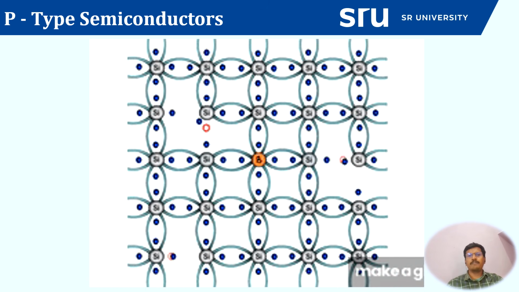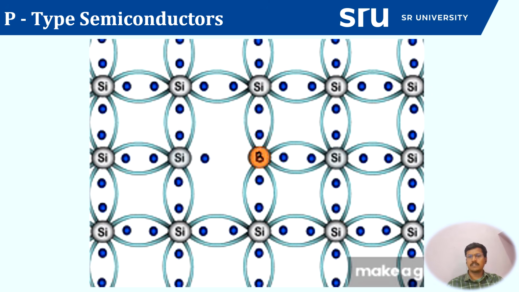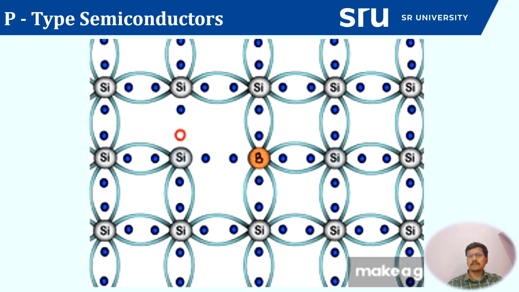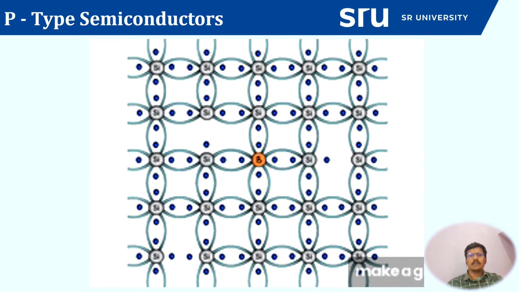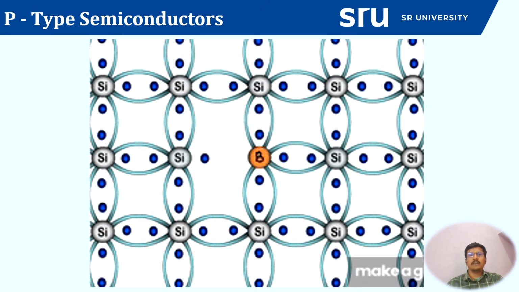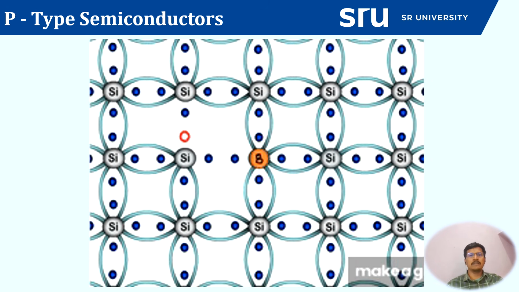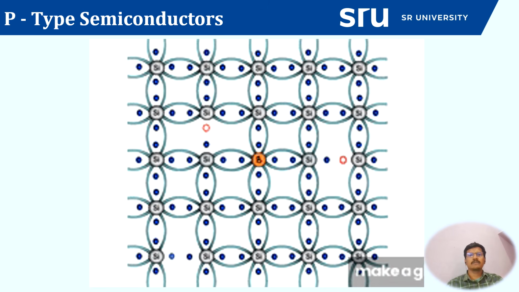The movement of these holes constitutes electrical current. Since the hole concentration is very high in p-type semiconductors, the conductivity is significantly greater than that of intrinsic semiconductors.